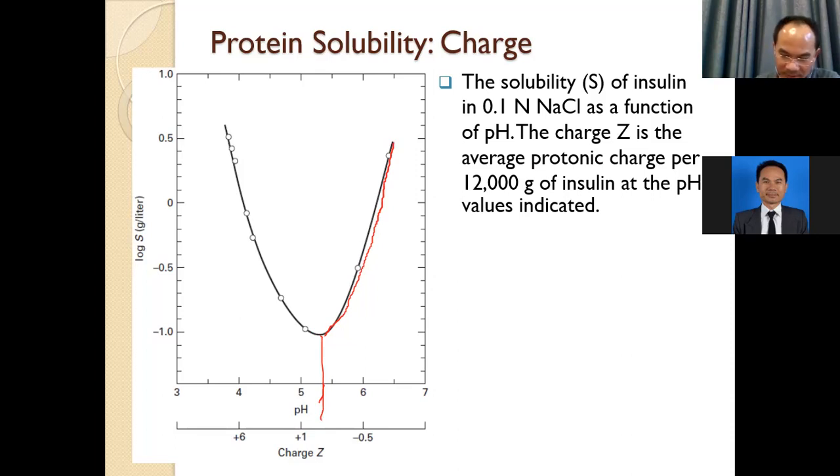Also, if you decrease the pH below 5.4, the solubility is also increased. This is the effect of pH. When you increase or decrease the pH away from the pI, the solubility will increase, and increased solubility makes it hard to precipitate the protein. You can precipitate the protein at minimum solubility, corresponding to pH 5.4. This is the effect of the charge of the protein.